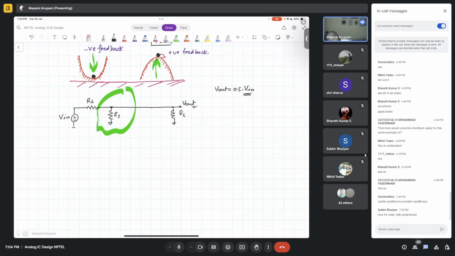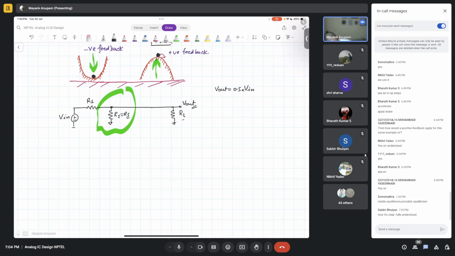For now, imagine that you only want attenuating the voltage. You do not want to make a voltage amplifier, but you just want a voltage V out which is some factor of V in. So what will be the value of R1? R1 will be equal to Rs, right? Now you will get an output voltage, correct?